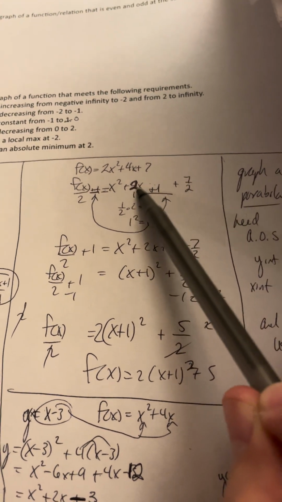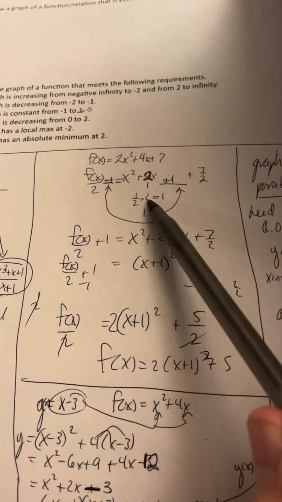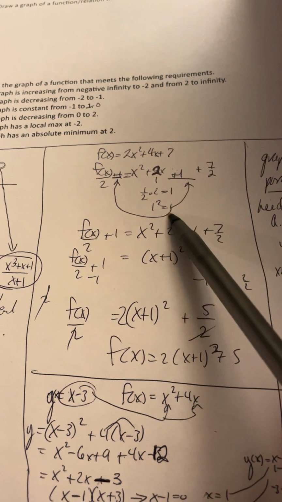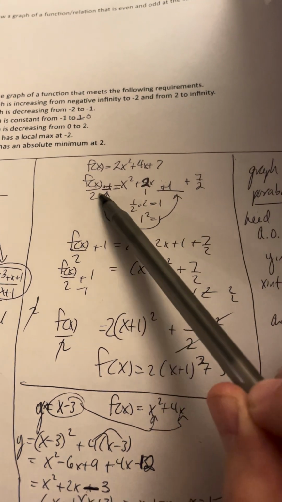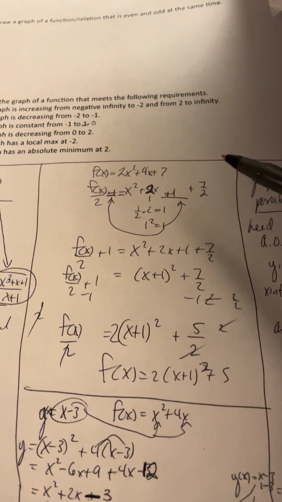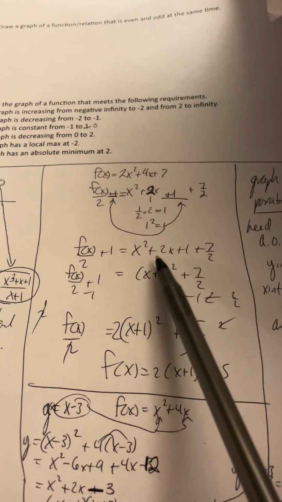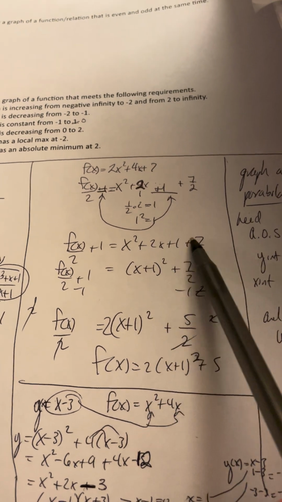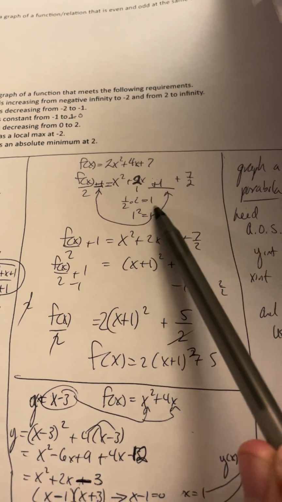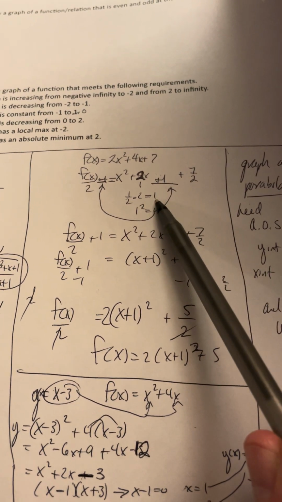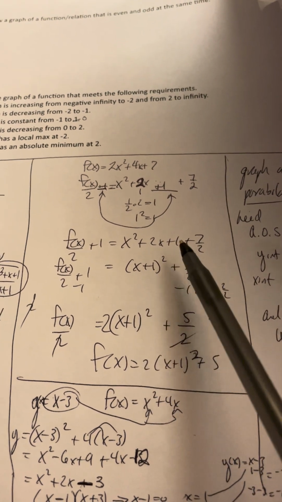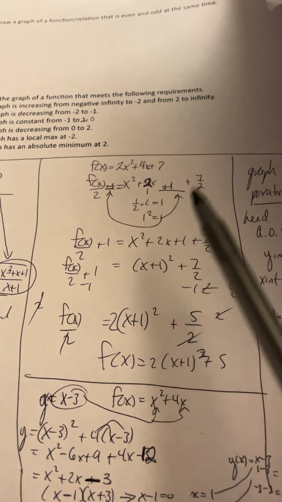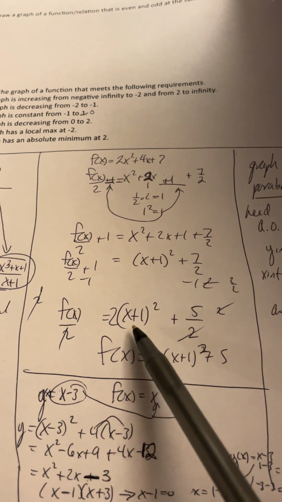Now, the one thing that's attached to the x, you take half of, so that's 1, then you square it, and that goes into both parking lots. So now we have x squared plus 2x plus 1 plus 7 over 2. This will always factor to what you get when you take a half. So it'll become x plus 1 squared. See, that 1 right there is that 1 right there.